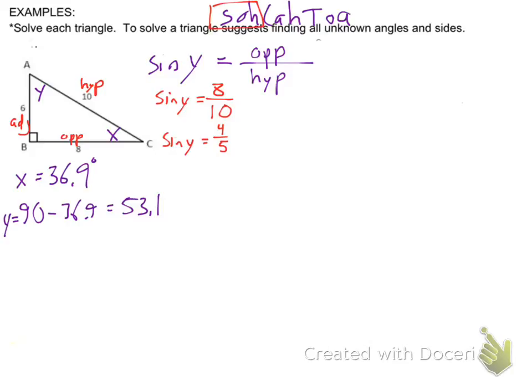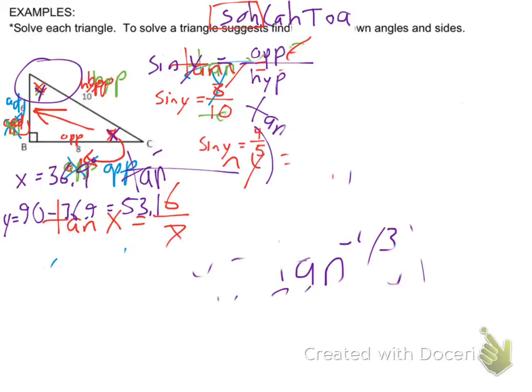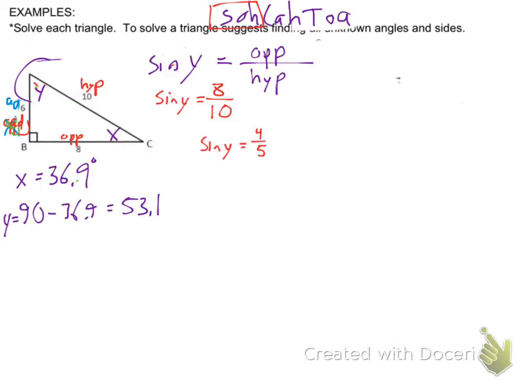Okay, so remember, now that we have our ratio here set up, I want to solve for y. Because I want to get y by itself, I need to get rid of sine. And to get rid of sine, I have to take the, what of both sides? Inverse sine of both sides.